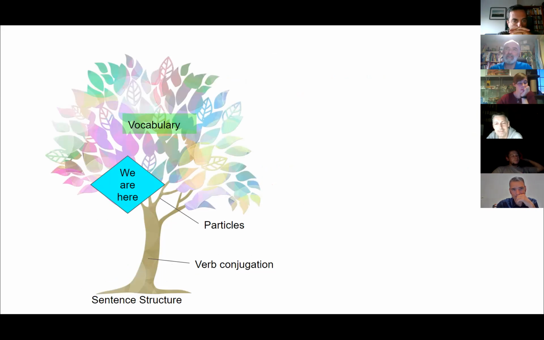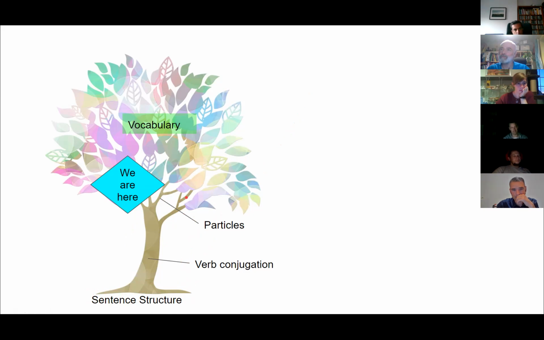Right, so this was just a kind of milestone in the first time we went through this, to say we're reaching the end of the main part of Japanese grammar, which is verb conjugation. At the beginning of this course, I had this tree picture up there, and I said the roots of the language are the sentence structure, which is pretty simple, actually. And then the trunk and the main branches are basically grammar.